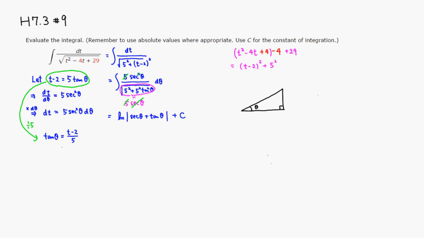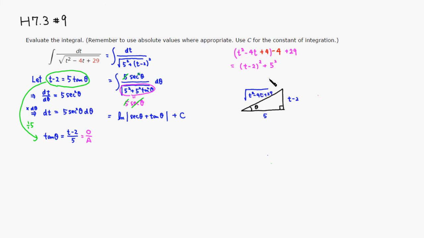Remember that tangent is opposite over adjacent. So we can let the opposite be t minus 2 and the adjacent be 5. Then using the Pythagorean theorem, the hypotenuse is the square root of (t minus 2) squared plus 5 squared, which is the same as the original: t squared minus 4t plus 29.